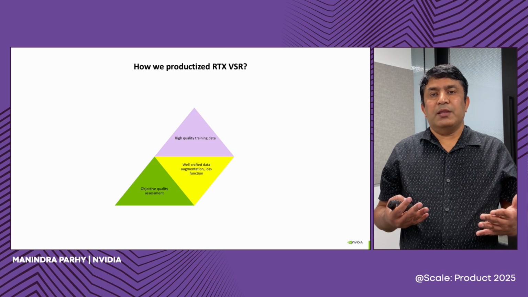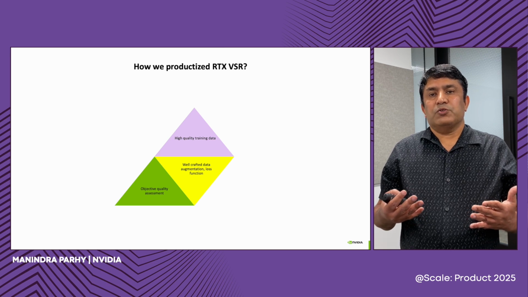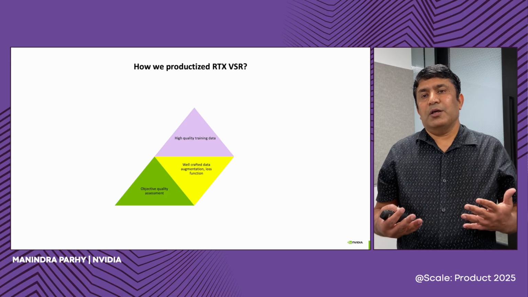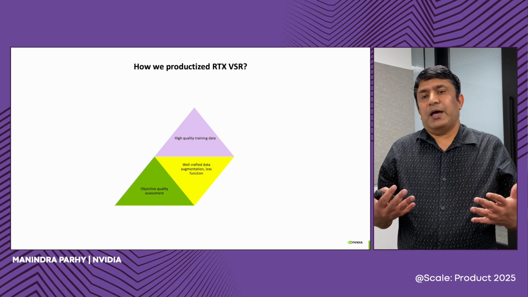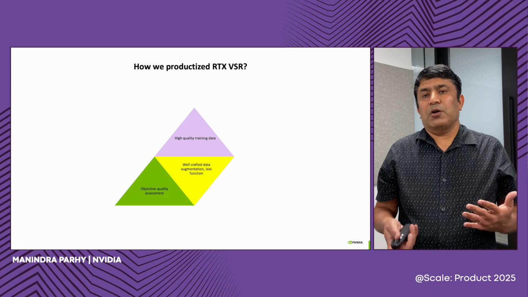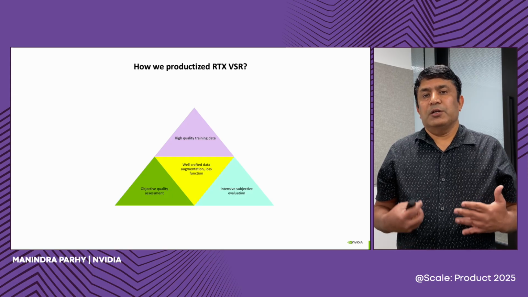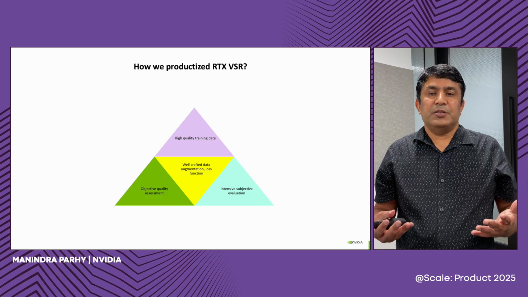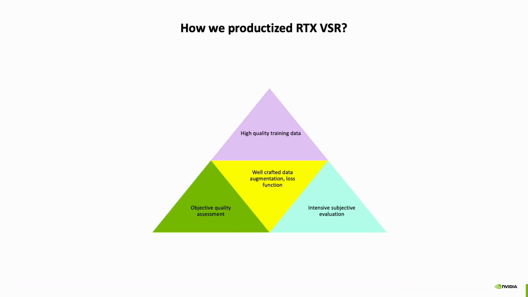So if that's the stumbling block, why not actually rely on the human vision system and do intensive subjective evaluation to get this right. We looked very carefully at millions of images to see where the network is performing well and where it is not.